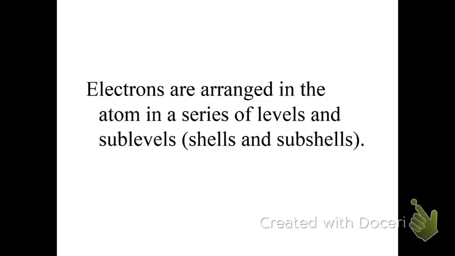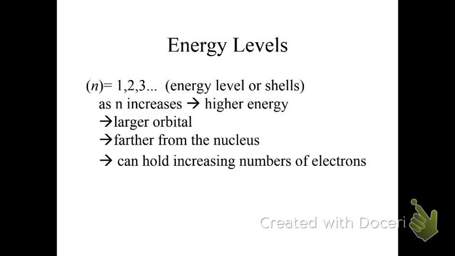And then, of course, we know that our electrons are arranged in an atom in a series of levels and sublevels called shells and subshells. That's where those s, p, d, and f come from. The energy levels are numbered starting with the first one. As you go further out, 1 is less energy than 2, which is less energy than 3. And they get not only larger, but higher energy.